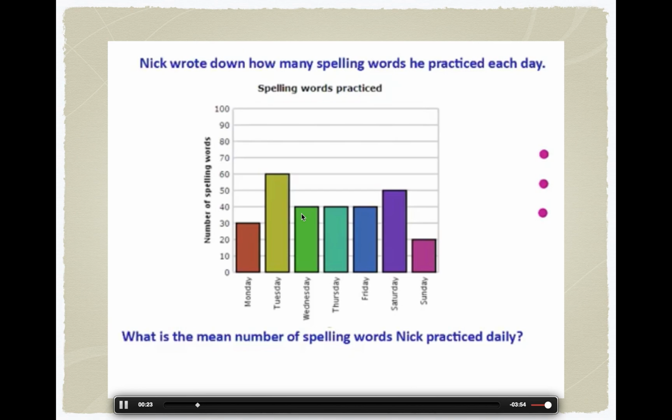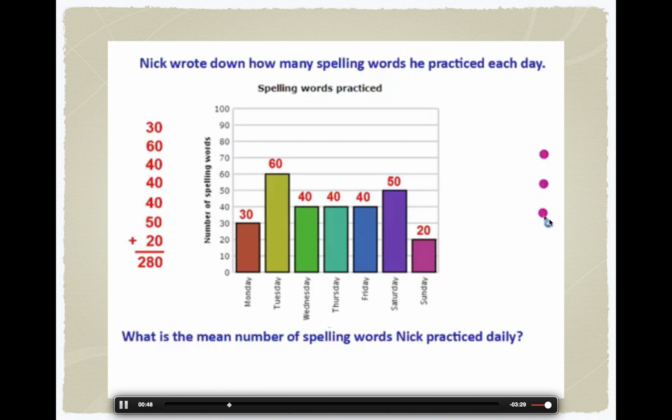Now the first thing we need to do is to write the values for each of these bars. So here we go. We have 30, 60, 40, 40, 40, 50, 20. Now what is the mean number of spelling words Nick practices daily? Mean. So what we will do is add all of these numbers here. We get 280 words all together.